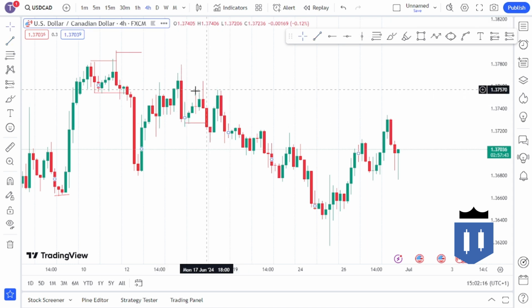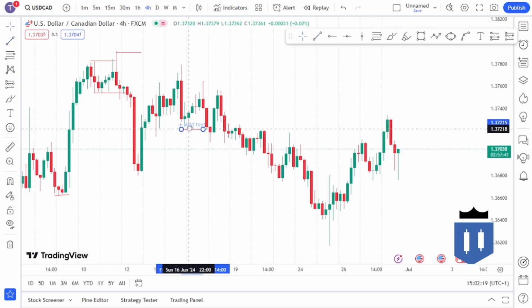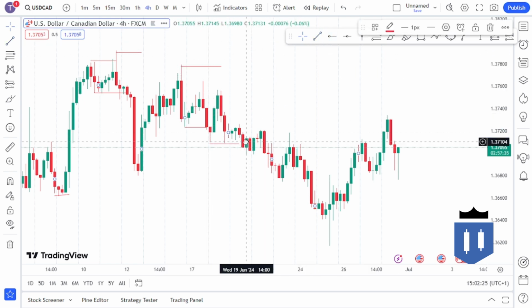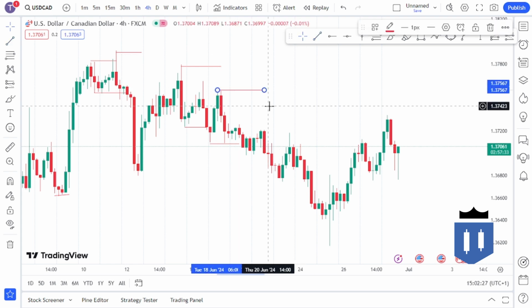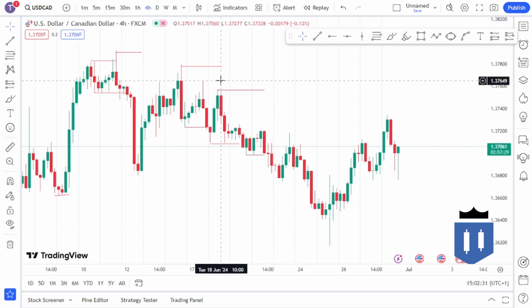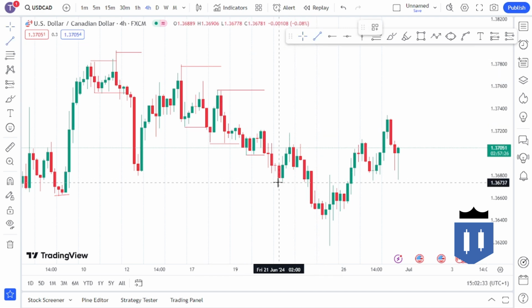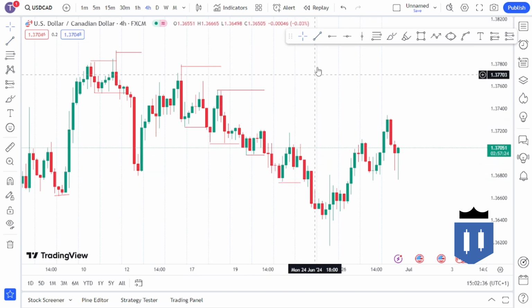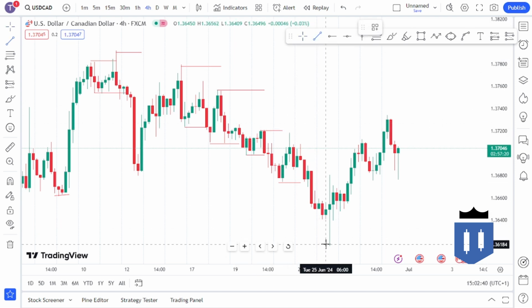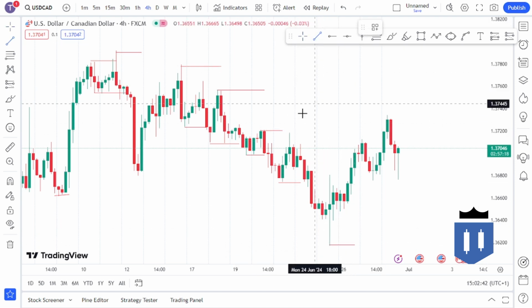Let's look at it carefully. So we have low, we have high. It's a downtrend, so I'm marking the lows first, the high that caused them, the low, the high that caused them.